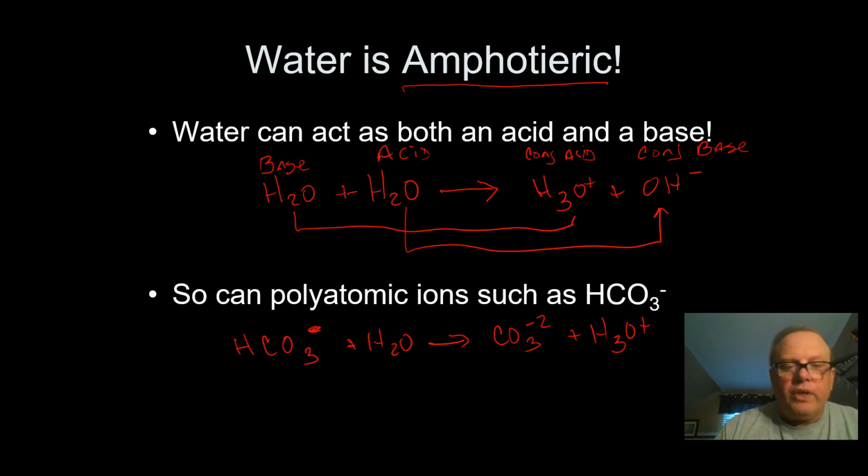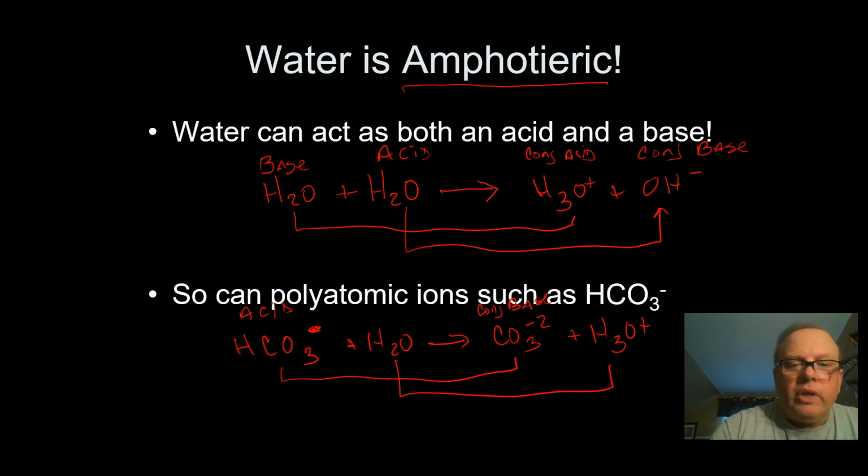That's one of the things that we could get. It could actually go the other way as well, but we're going to draw it out this way. And that means that here, having lost a hydrogen, this hydrogen carbonate had to act as the acid. The remaining particle left behind now is called the conjugate base.